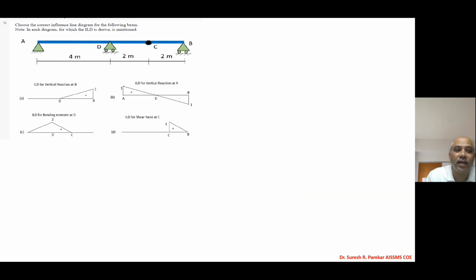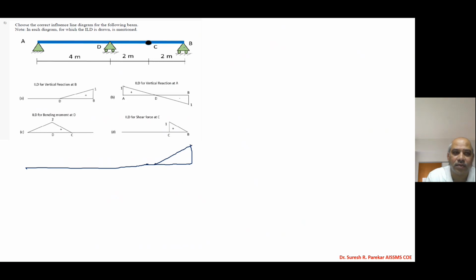Then here you have to find for which reaction the ILD is drawn, as mentioned in each option. For what we have plotted this ILD. First, ILD for vertical reaction at B. So how will we get it for B? We are going to have 0 at C, and then we have 1 at B. So we know whenever we find RB, RA and RD, we should have 0 values, and we have beam A to C as 1.